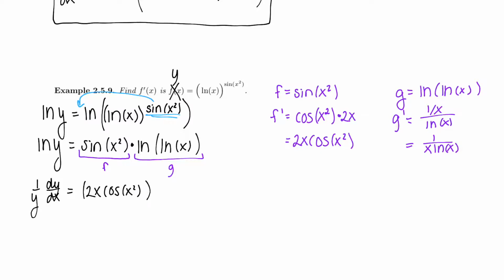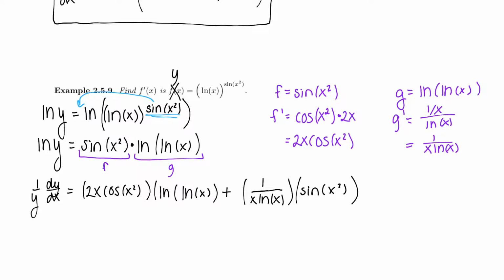G is ln of ln x, plus g prime is 1 over x ln x, and f is sine of x squared.